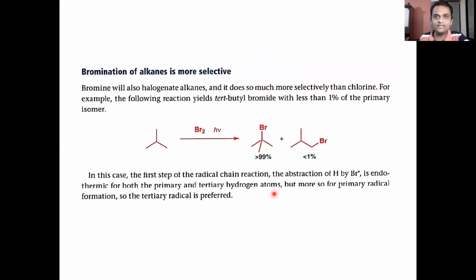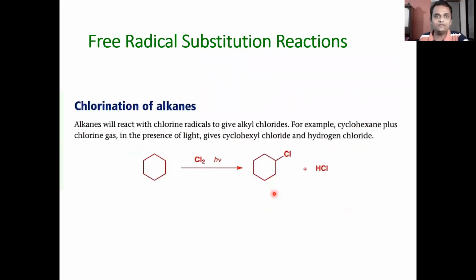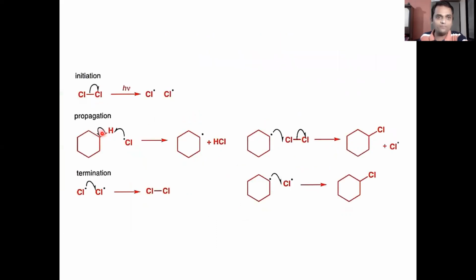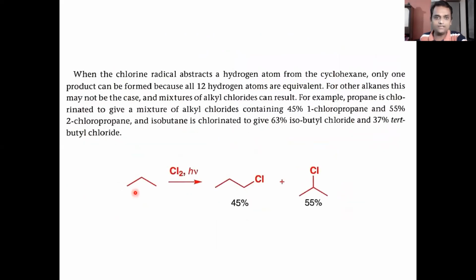So in today's lecture, we have seen the free radical substitution reactions. We started with chlorination of alkanes. Then we saw the mechanism of that chlorination reaction: initiation, propagation, and termination. Then we saw that in the cyclohexane molecule all 12 hydrogen atoms are equivalent, therefore we get only one product.